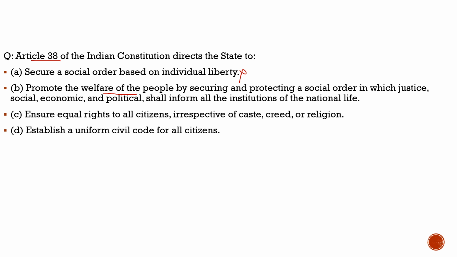100% correct. It says to promote the welfare of the people by securing and protecting a social order in which justice, social, economic and political, shall inform all the institutions of the national life. So this is what the article itself says, that the government should promote the welfare of the people by securing and protecting a social order in which social justice, economic justice, political justice, everything would be given to the people.